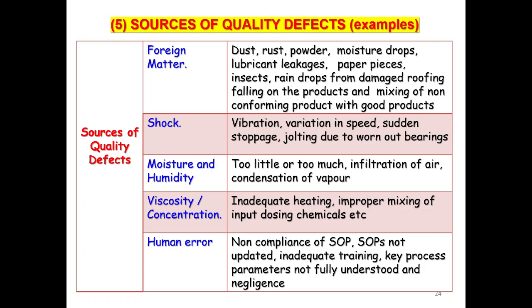Infiltration of air and condensation of vapors will also contribute. Next is viscosity and concentration due to inadequate heating, mixing of the process, dosing chemicals. Against human error: non-compliance with SOP, standard operating procedure, SOP not updated, inadequate training, key process parameters not fully understood, negligence are some of the sources of quality defects due to human error.